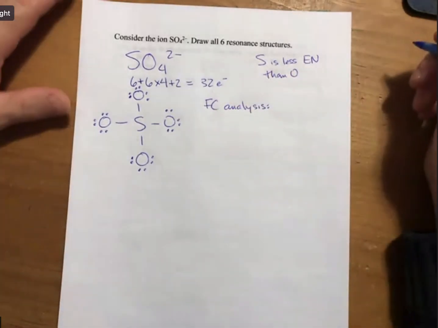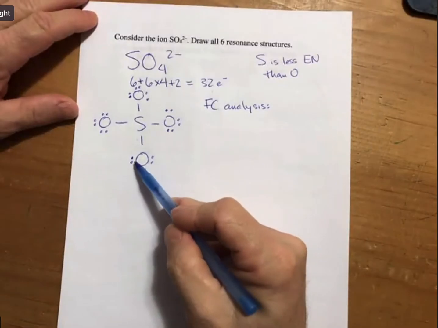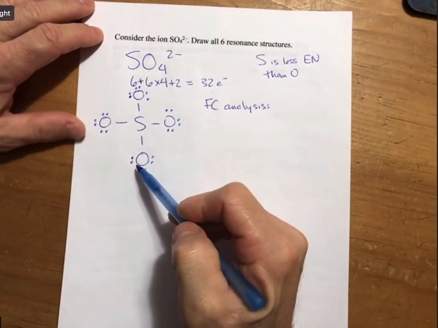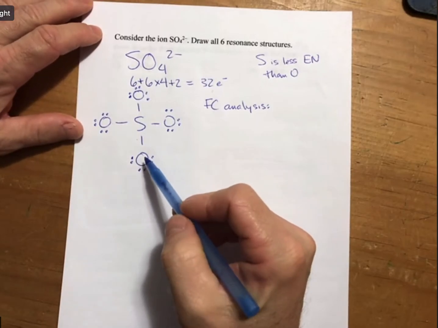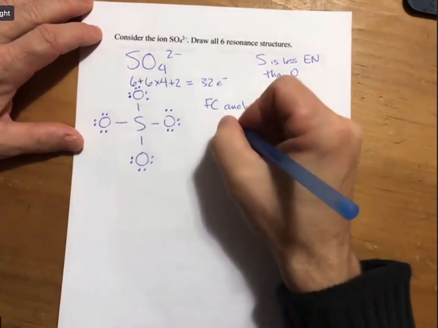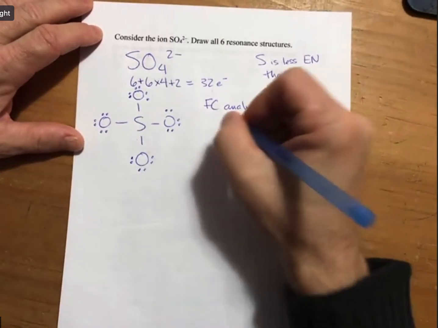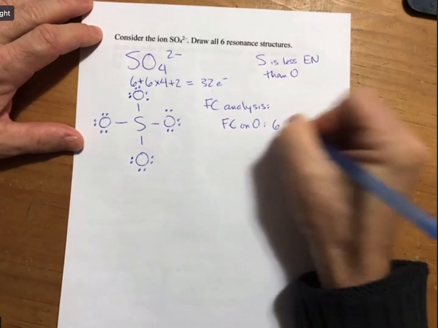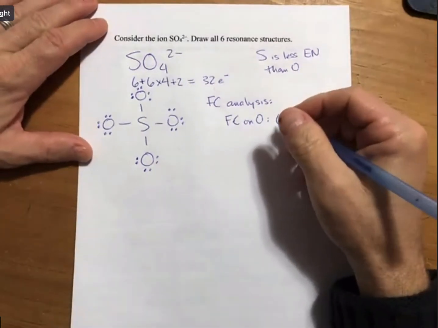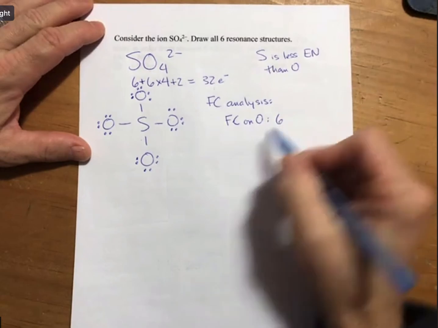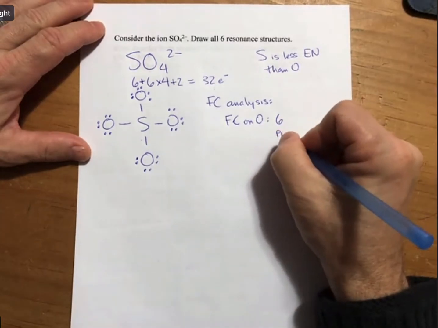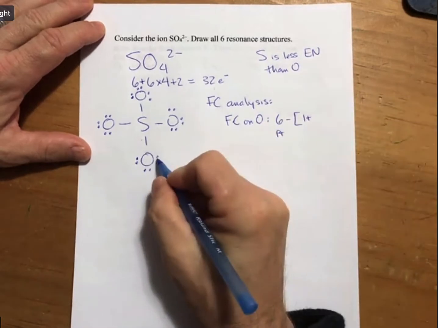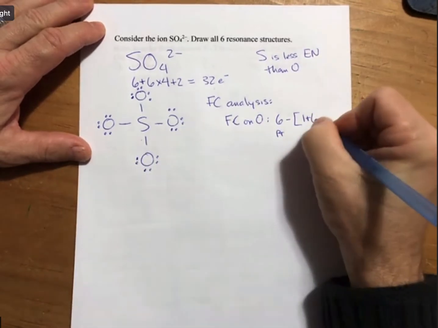Our formal charge analysis will look at each of these oxygens, and since they're all the same currently, they'll all have the same formal charge. Each oxygen has 6 valence electrons. We've done this a couple times before, but it's worth doing again: 6 valence electrons from the periodic table minus 1 bond and 6 unshared electrons.